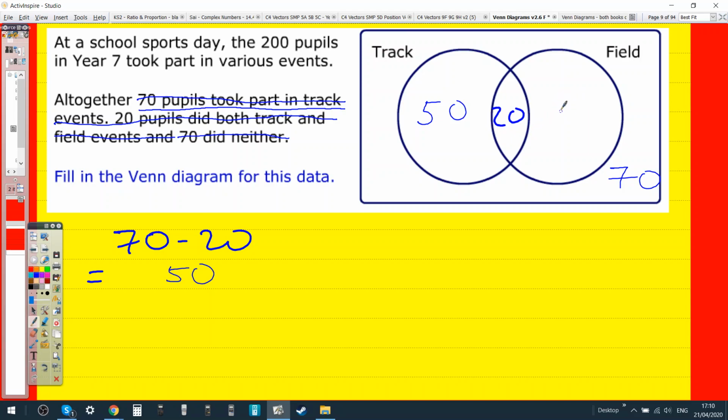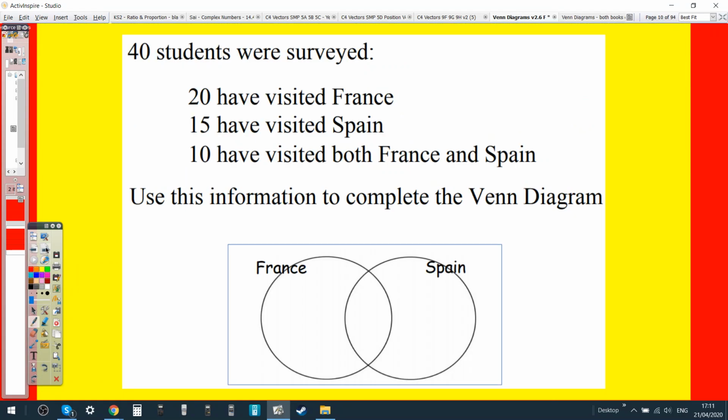Very good. It has to add up to 200. So that would be 60 and then it'd add up to 200. Yes. So start from the middle and work your way out. Any questions there? Okay. Let's try this one.